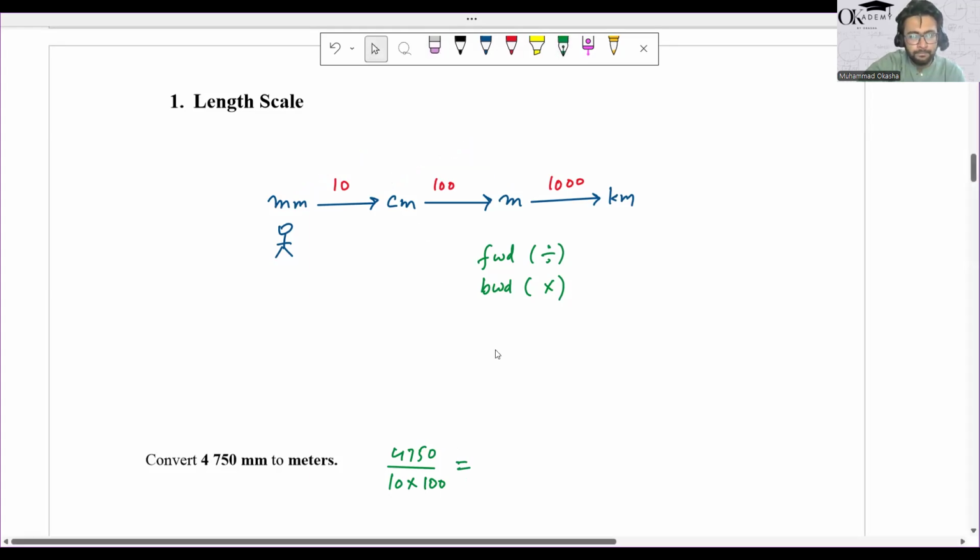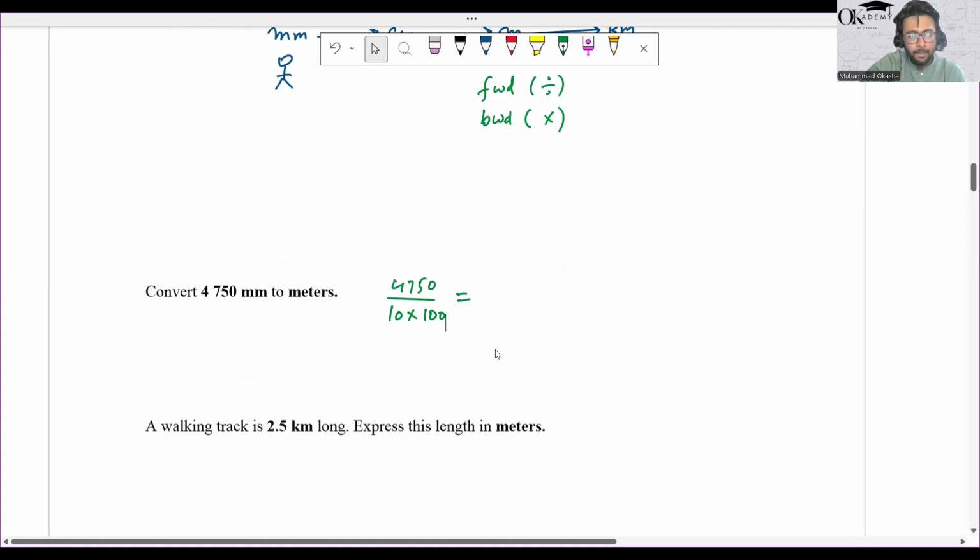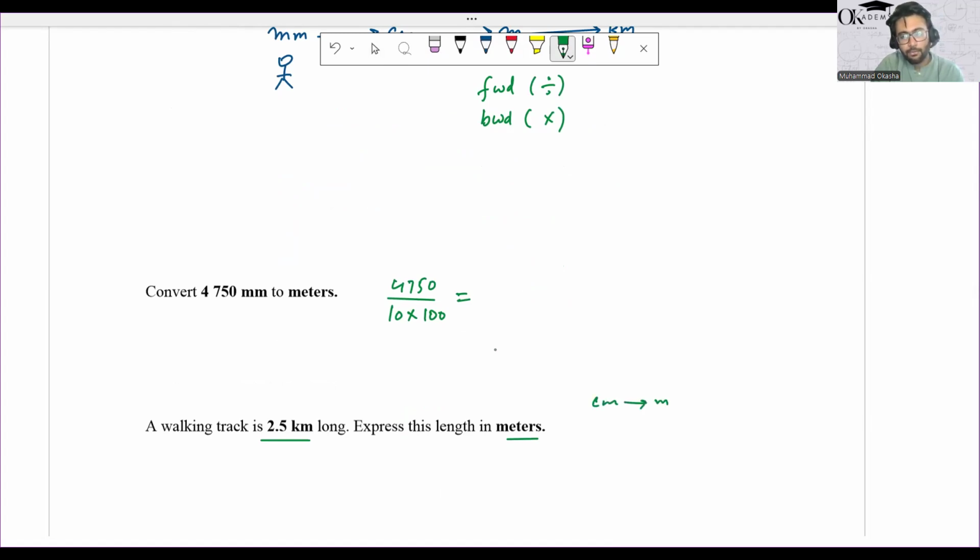Let's move towards the next one. A walking track is 2.45 kilometers long. Express its length in meters. So we know that millimeters, centimeters, meters, and kilometers.